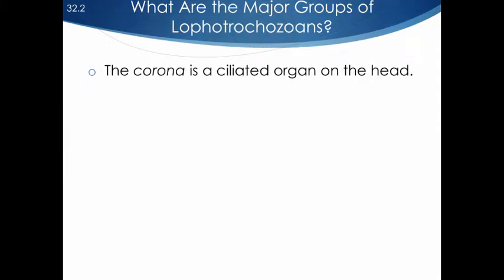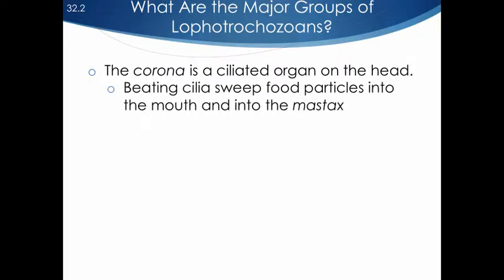The corona is a ciliated organ on the head, so that's one of their specialized organs, and it basically has beating cilia that sweep food particles into the mouth and into the mastax. We'll look at that in the diagram. And the mastax is an organ that grinds the food, so you could say it's equivalent to our teeth, and the cilia sweeping would be like our arms.